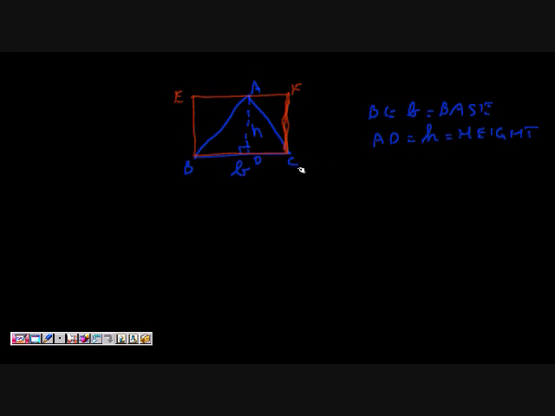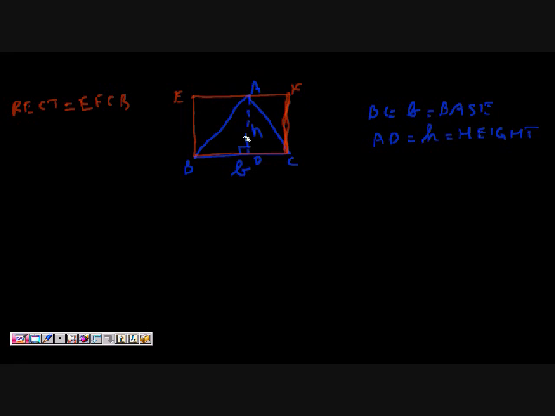Okay. Now rectangle EFCB. We know that one of the sides of the rectangle is BC, which is the base of the triangle again, and we know that FC is equal to AD is equal to H because these two lines are parallel.